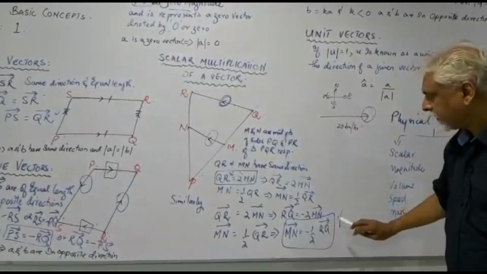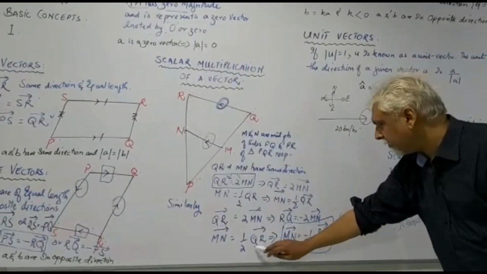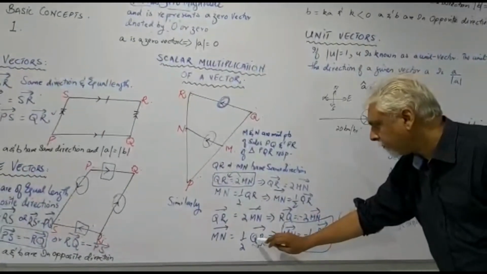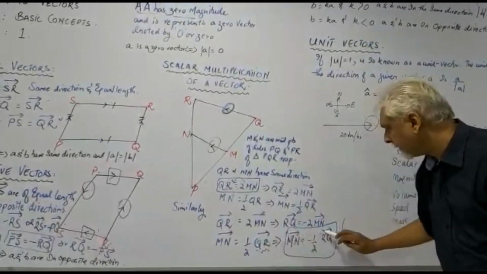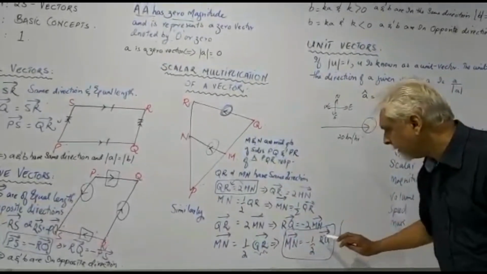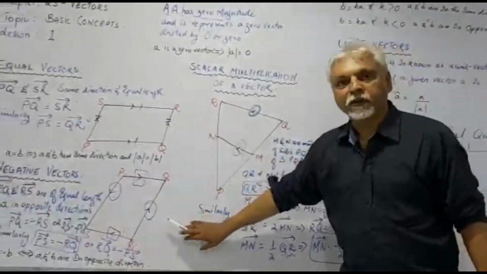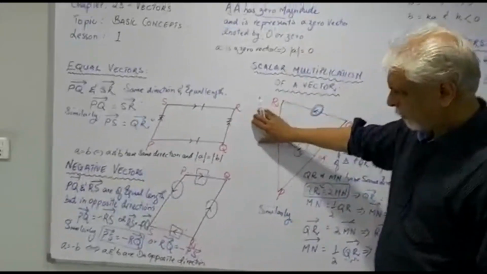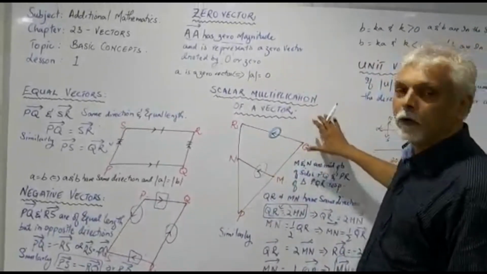Is that clear? Here you have MN is equal to half QR. Now instead of QR, I'm changing this to RQ. Can you see RQ in this direction? So it will be negative, minus. So this is very, very important to understand what equal vector is, negative vector, and the scalar multiplication of a vector.